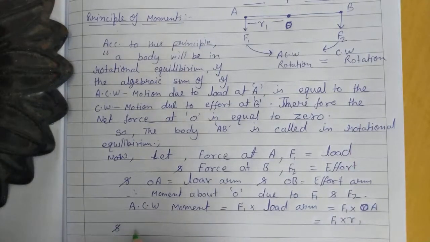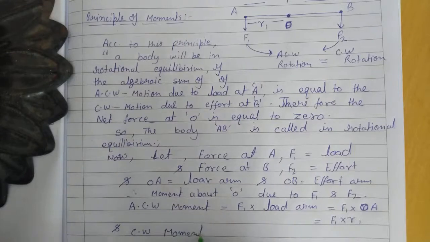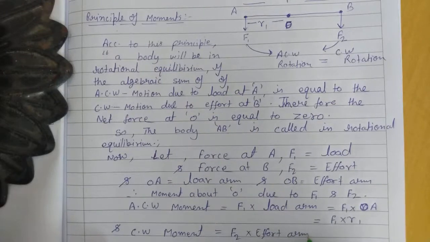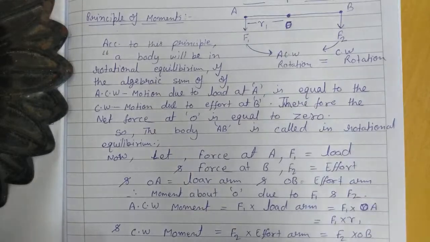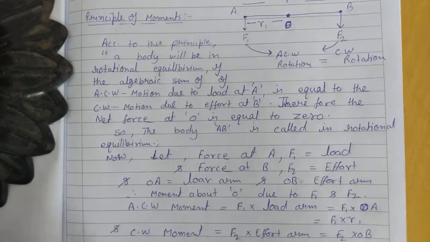And the clockwise moment is F2 into effort arm, that is F2 into OB, which is equal to F2 into R2.